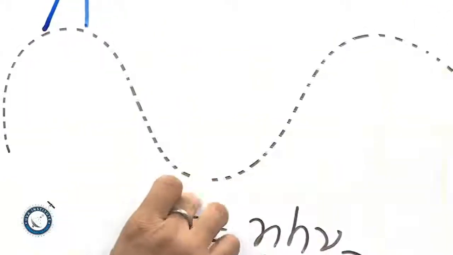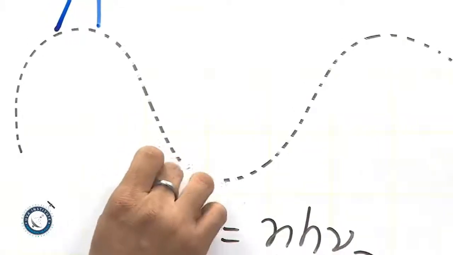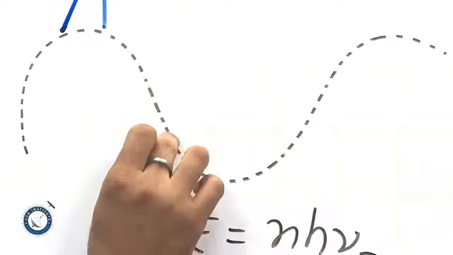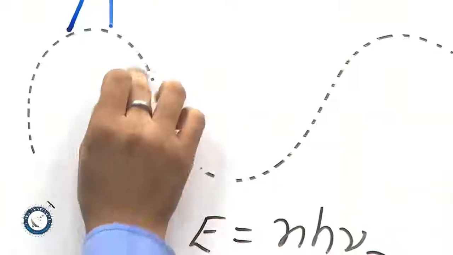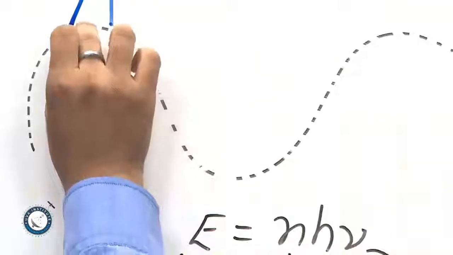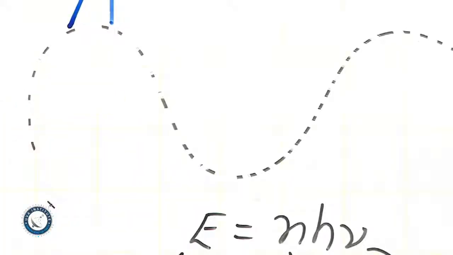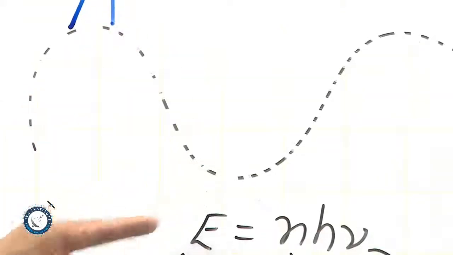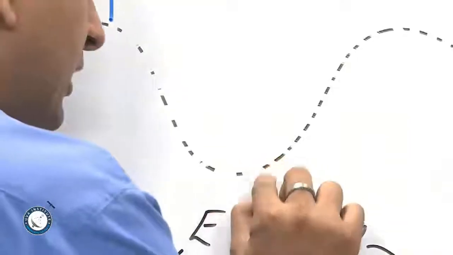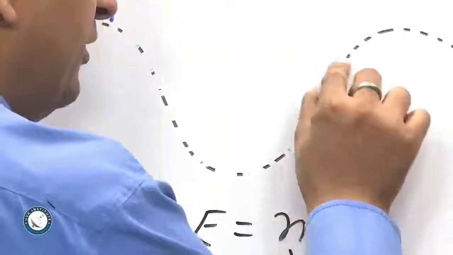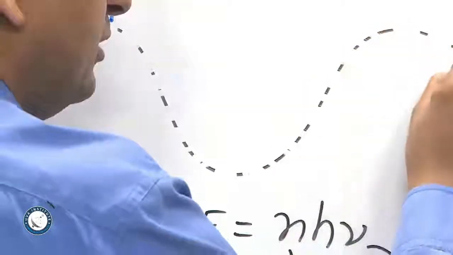What if I start removing these quantas alternatively? Okay, now you see quantas are less. Since the quantas are less, the energy carried by the wave will also be less.